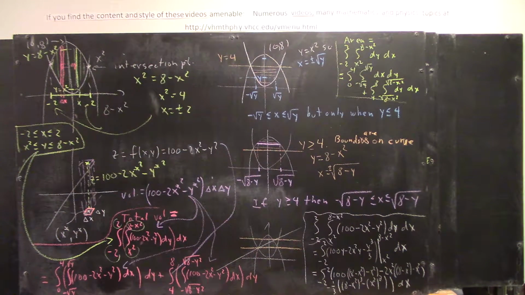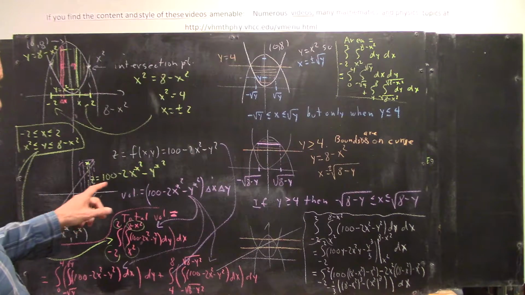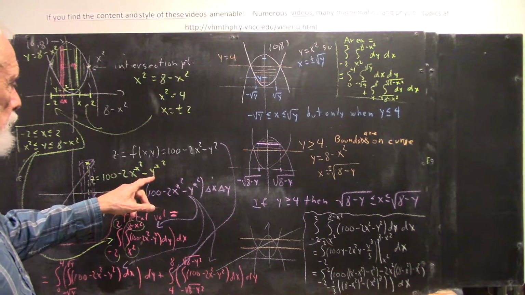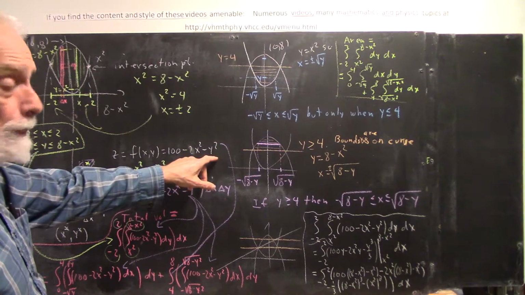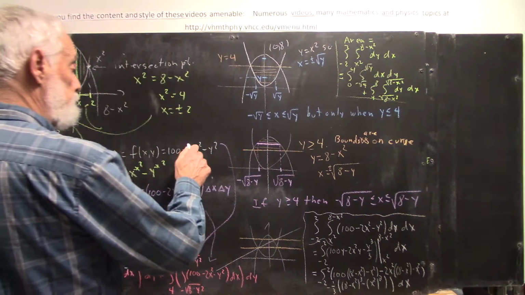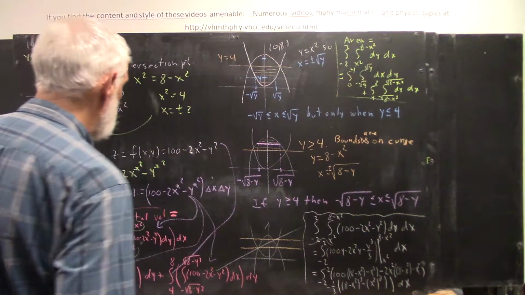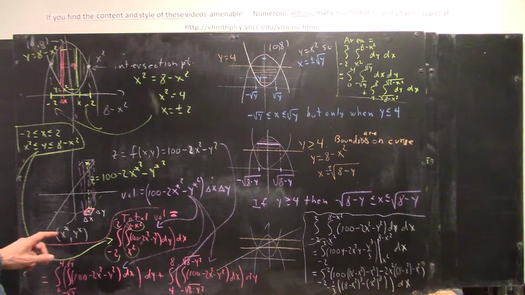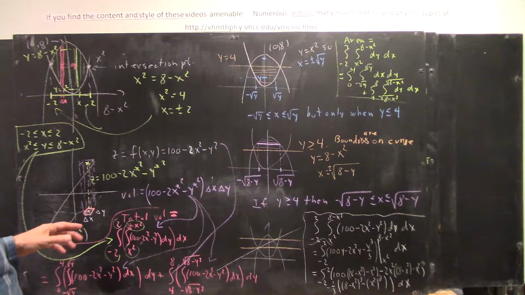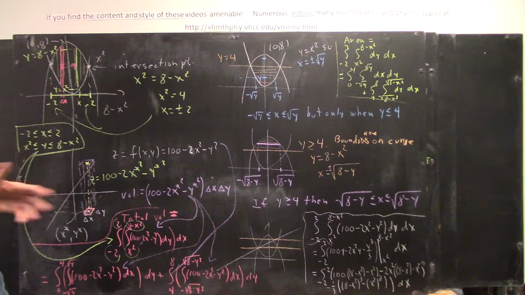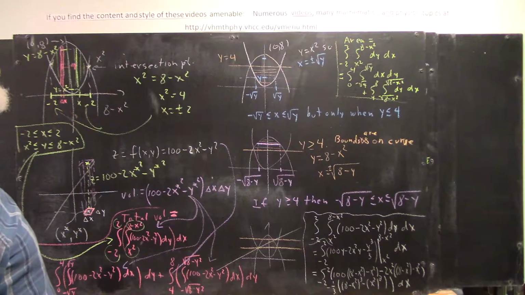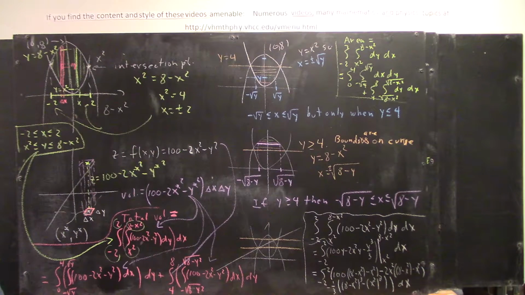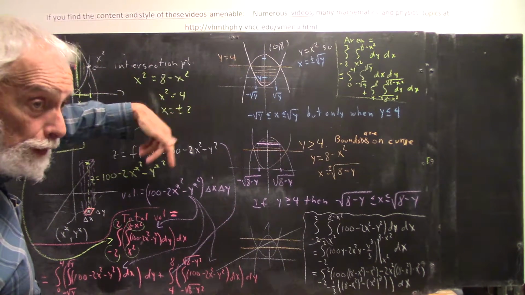Okay, so now we have this function z equals 100 minus 2x squared minus y squared. And we're going to assume that the point x star y star is located in the part of the xy plane within the ellipse, for which this value is greater than 0.